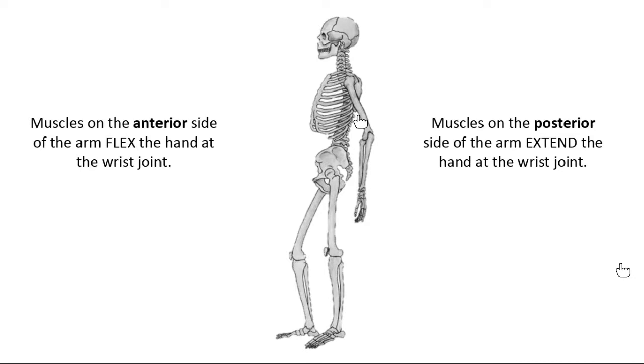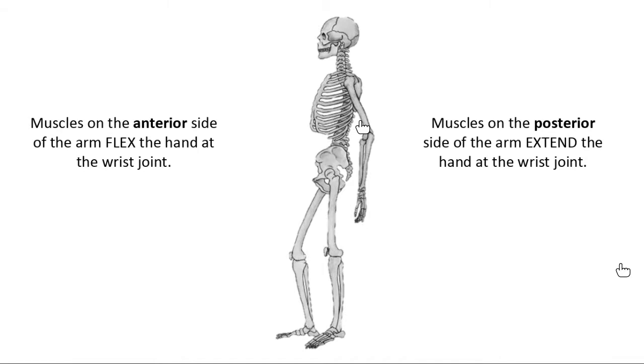Okay, we just talked about flexion of the elbow joint. Now we're going to talk about flexion and extension of the wrist joint. The good news is, unlike what was going on with the knee, where it was flip-flopped, it's the same when we're talking about the elbow and the wrist. So the muscles that live on the front side of the arm flexed the radius and the ulna.